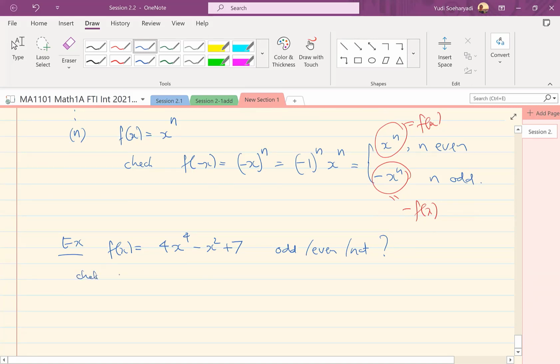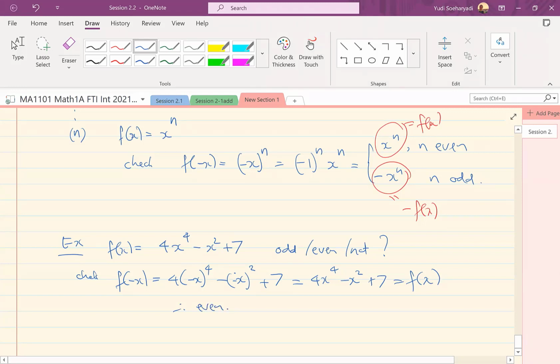Let's check this one out. If you plug in negative x, you have, and plus 7. But the negative drops out, so you have the negative drops out plus 7. So it is still the same as f. So this is even.